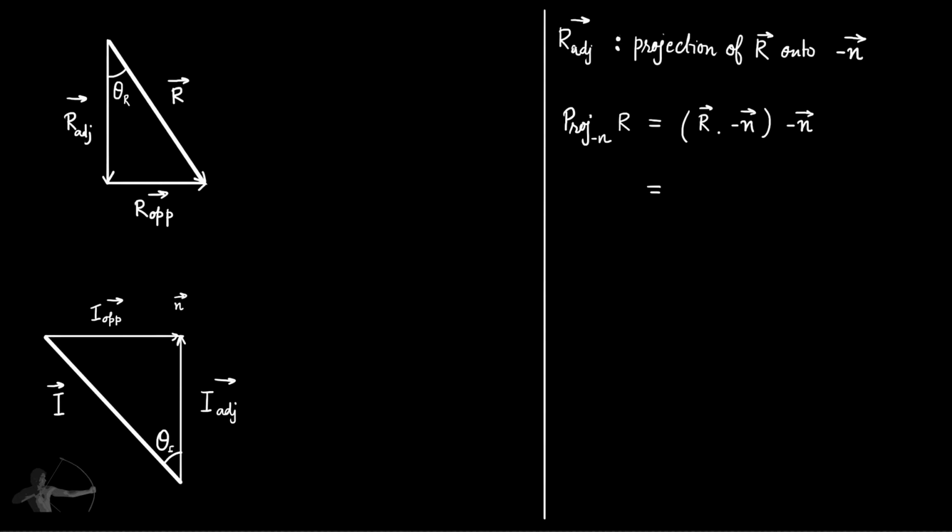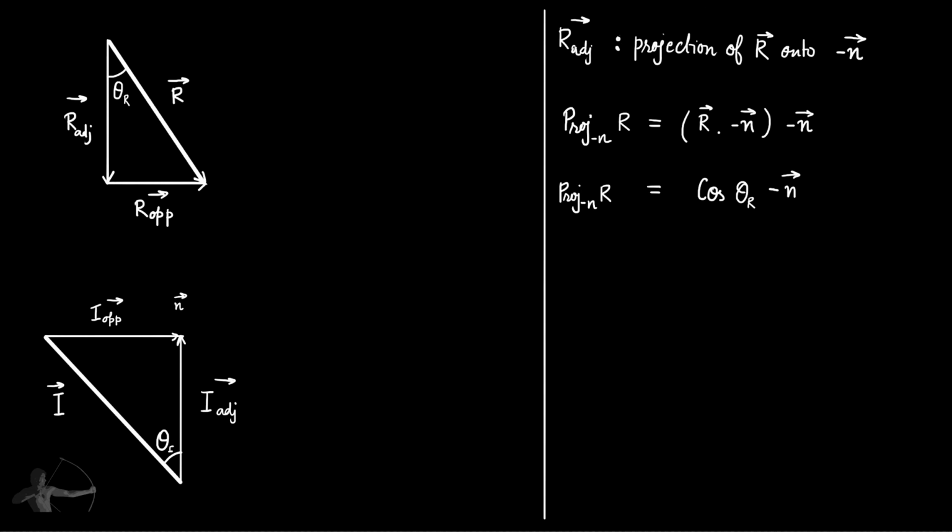As we have been doing several calculations of the dot product of two vectors, we know that the dot product of two normalized vectors is the cosine of the theta between these two vectors. So vector R dot negative n vector can be represented as cos theta R, because theta R is the angle between vector R and negative n vector. And then we multiply it by negative n. So this is the projection of R onto negative n.